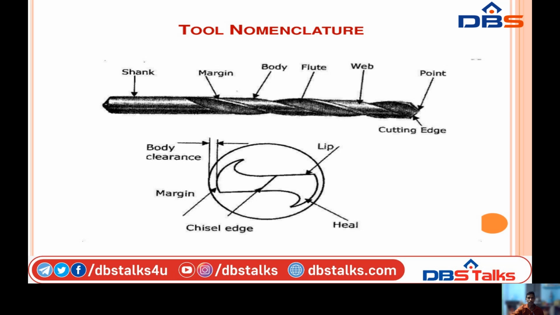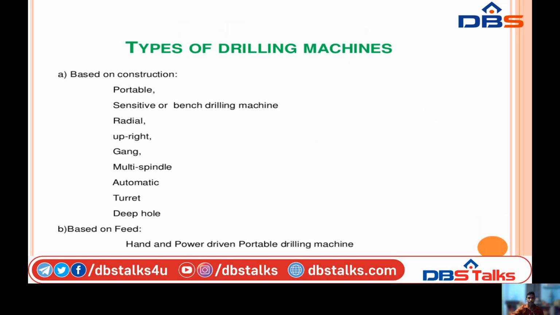Next is the point, the cutting edge, which is used for removing the metal or material of the workpiece. Margin, body, and flute are the other nomenclatures of the tool. We are using single point tools.